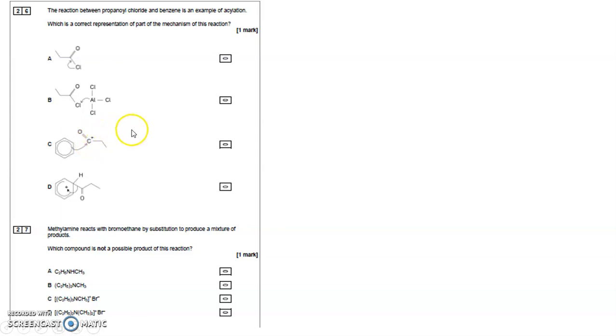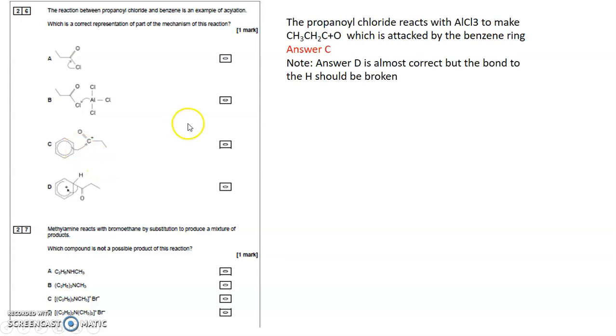That's formed AlCl4 minus. I'll have a plus charge here, and this is an example of electrophilic substitution. So this group is going to join on to the ring. It's an electrophile, an electron pair acceptor, and it's going to replace an H on the ring. So C is correct.